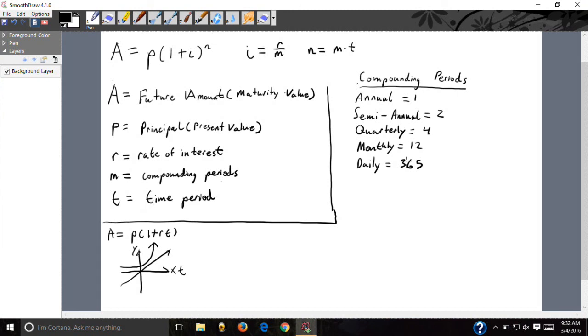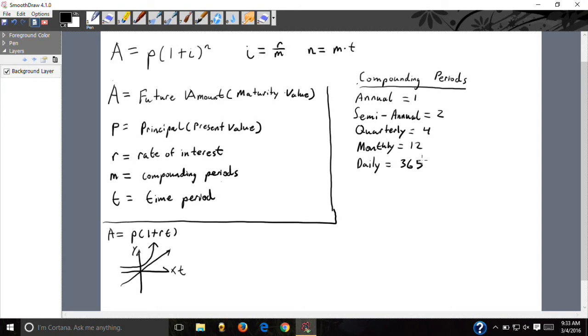So over here we have compounding periods: annual, semi-annual, quarterly, monthly, and daily, with annual being 1, semi-annual 2, quarterly is 4, monthly is 12, and daily is 365.